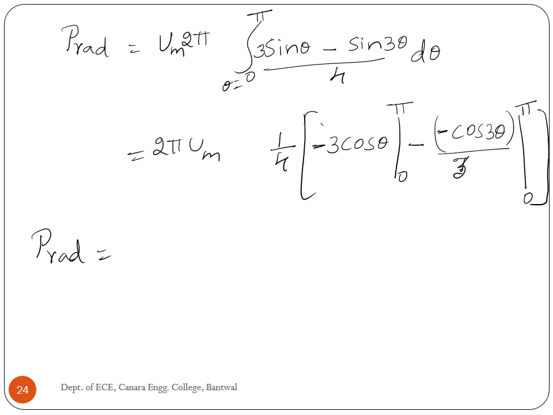Radiated power is equal to 2 pi Um times 1 by 4. Apply the limit.